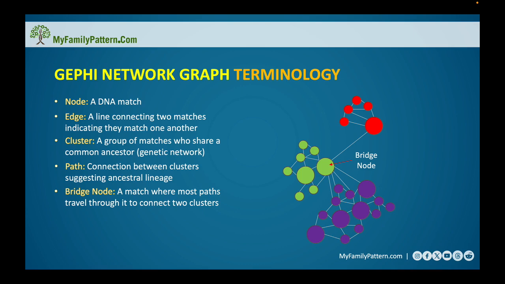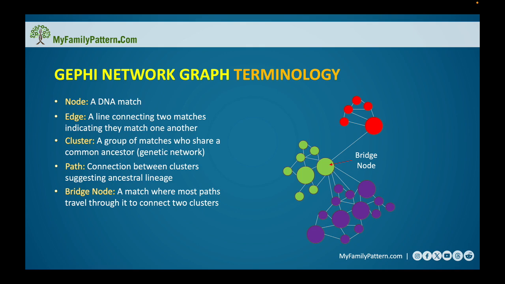That suggests, and if you are lucky enough that you know who that node is or how you're related to that node or that DNA match, then that helps you even more strongly interpret how, in this case, the green cluster and the purple cluster are related to one another.